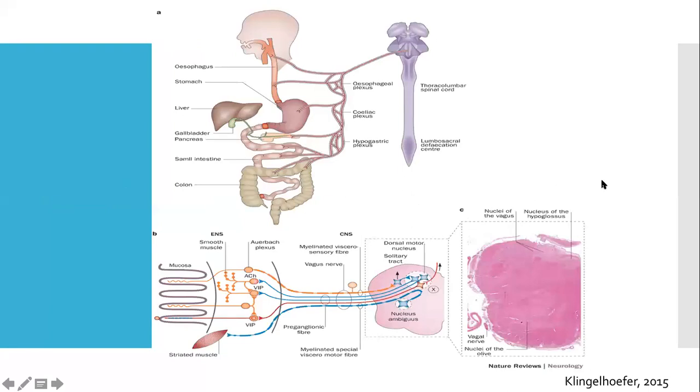So this is, again, a more scientific diagram, but just to give you a sense of what it looks like. This is your GI system, looking at the tract, the esophagus, which is where you swallow up here, going into your stomach, and then your small intestine, your large intestine, or your colon. And it shows the innervation.